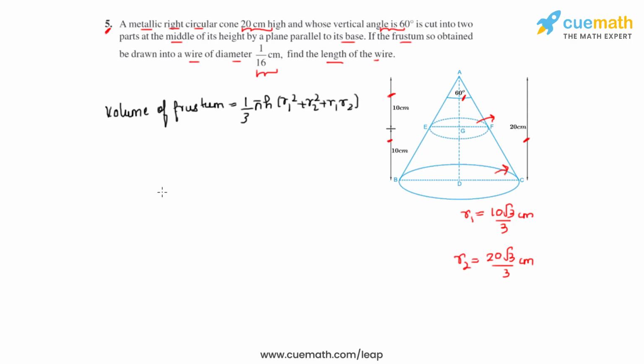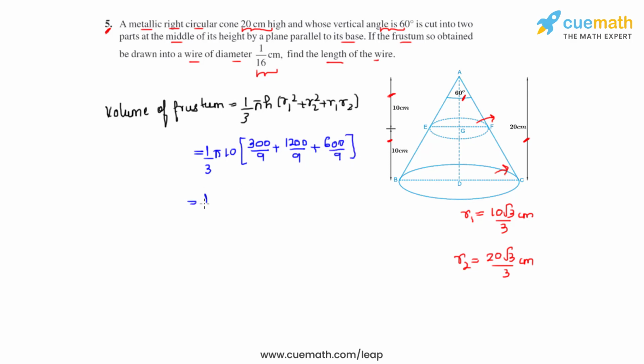Let's substitute these values and we get 1 by 3 pi times h, which is 10. Now R1 square, which is 10 root 3 by 3, the whole square, comes as 300 by 9, plus R2 square, which is 20 root 3 by 3, the whole square, comes as 1200 by 9, and R1 times R2 comes as 600 by 9.